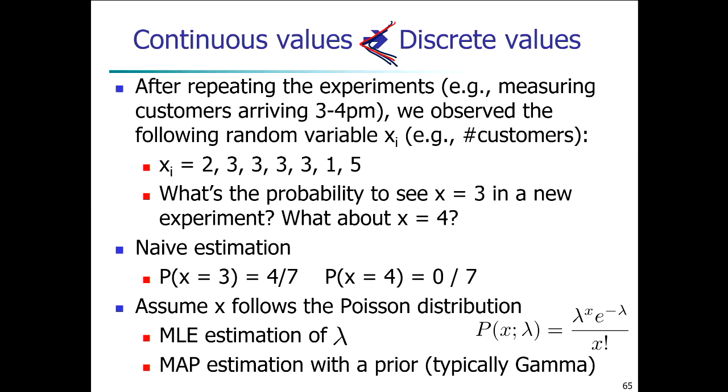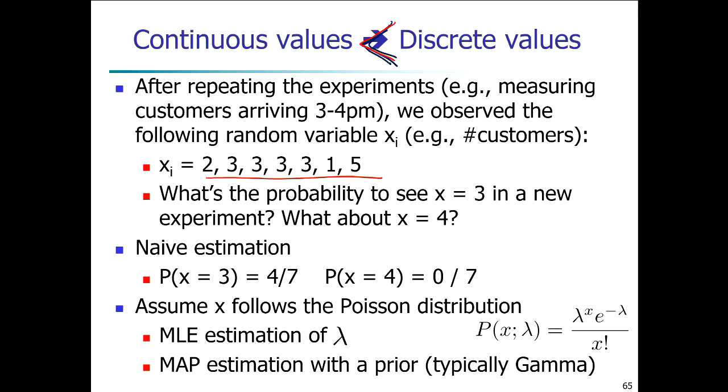Let's say you get these discrete observations. On the first day, there were only 2 customers who entered the branch between 3 and 4. The next day, 3, 3, 3, 3, 1, and 5, and so on. Let's say that's all the observation you have.